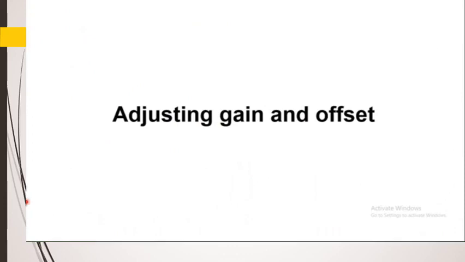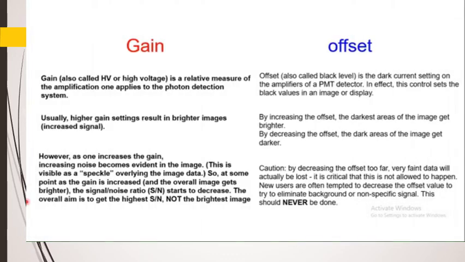Another important point, and the most important point to get good confocal images, is how to optimally adjust gain and offset. First of all, what is gain and what is offset? So gain, simplistically, is a parameter by changing which we can increase or decrease the signal. If we increase the gain, simply the signal will increase.